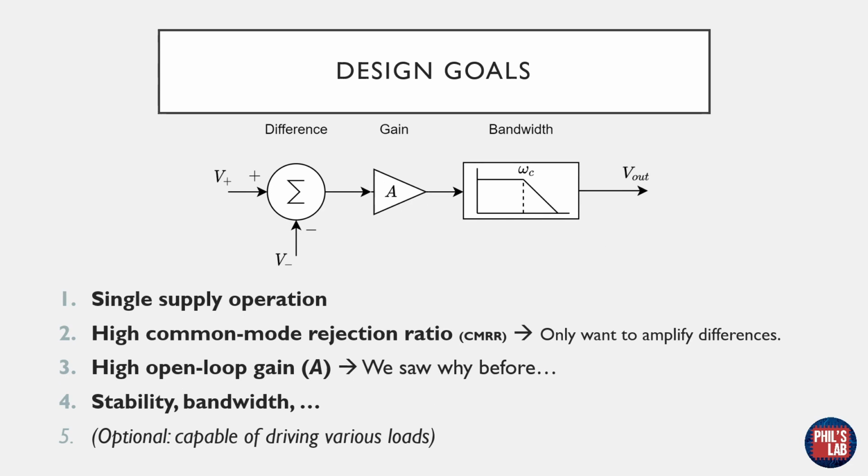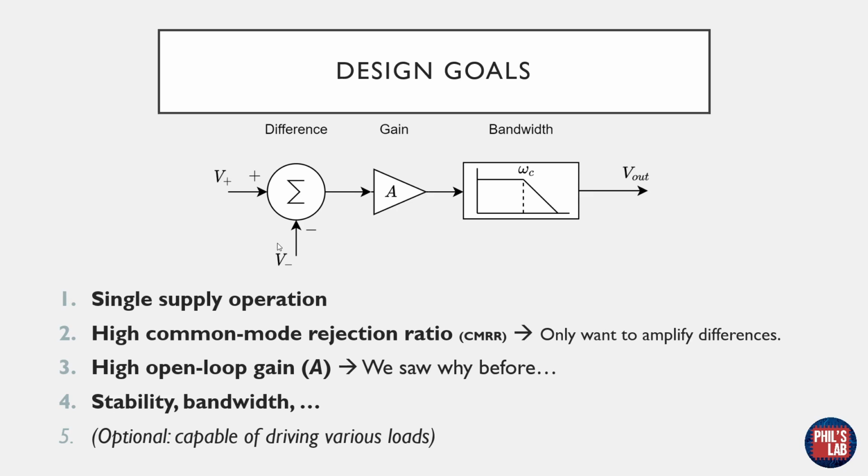With any design, we need some sort of goals or requirements. For our design, as I said before, we want some sort of single supply operation, and for operational amplifiers, we also typically want a high common mode rejection ratio, or CMRR for short. Essentially, common mode rejection ratio means we amplify differences, so if V plus is different to V minus, but if V plus is equal to V minus, we don't want any of that to leak through.